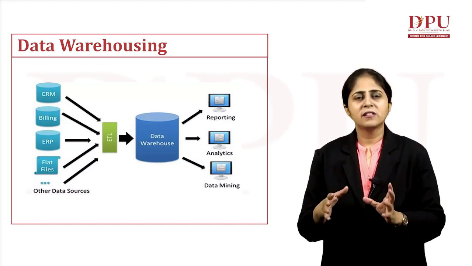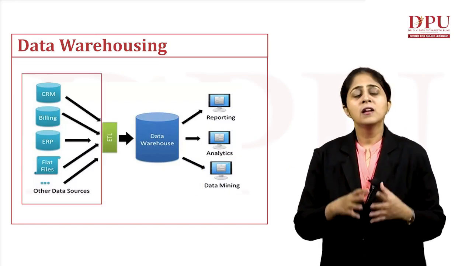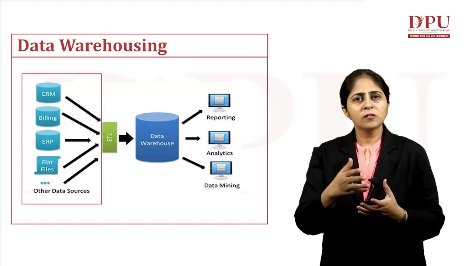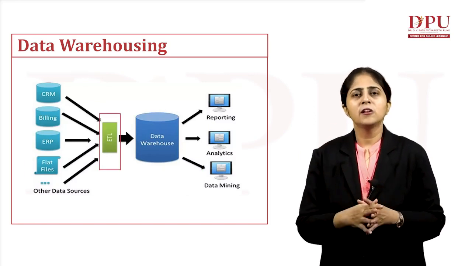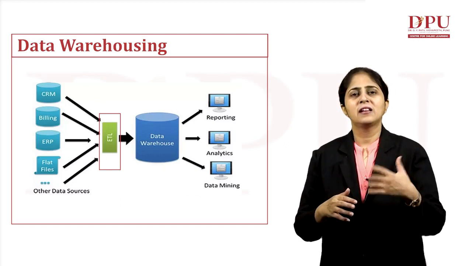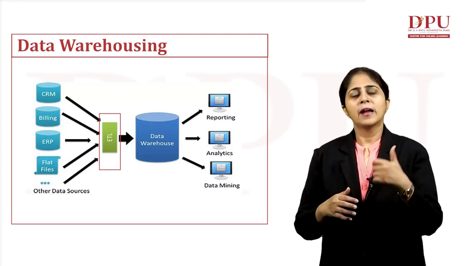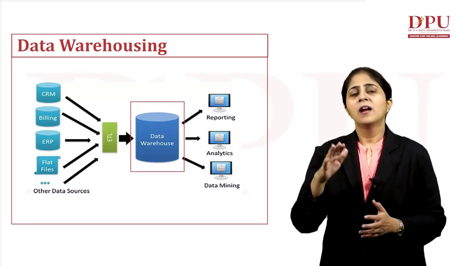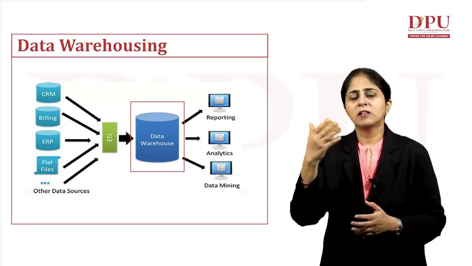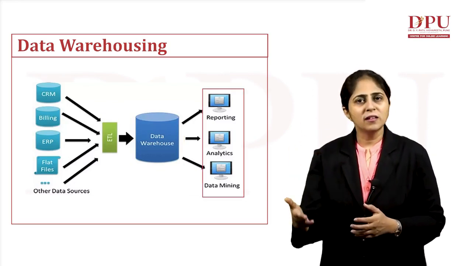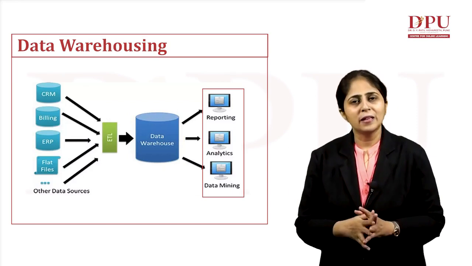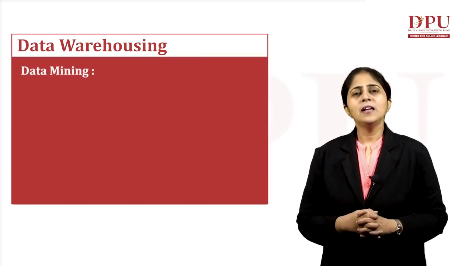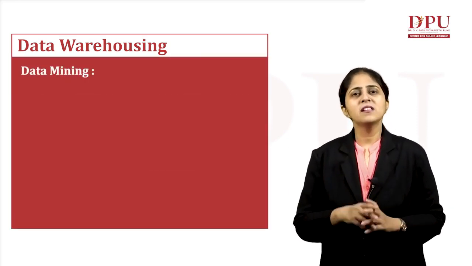The data comes from various data sources, and before it gets entered into the data warehouse, it gets extracted, transformed and loaded. And from the data warehouse, we can get any report, we can do analysis of data, we can do data mining also. Here we have discussed one important term, that is data mining.